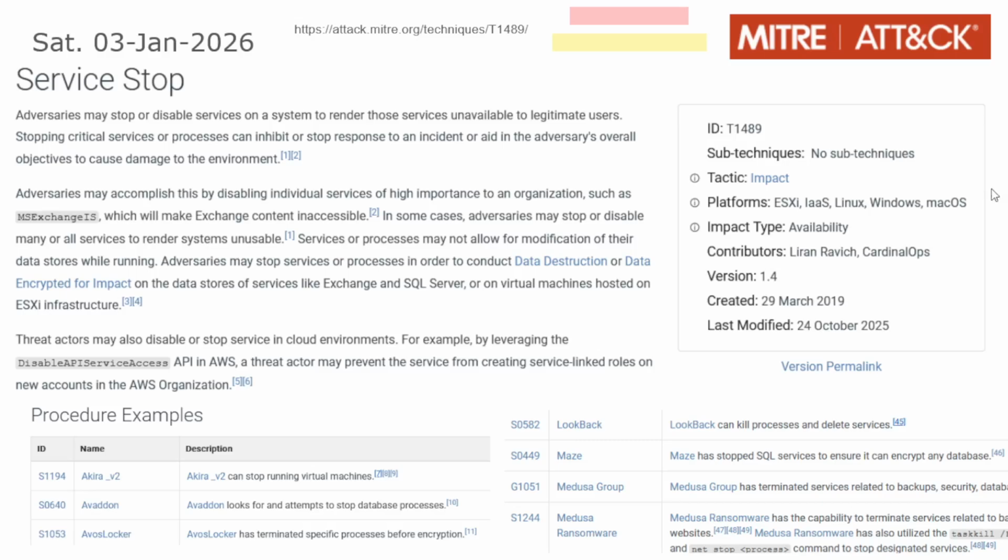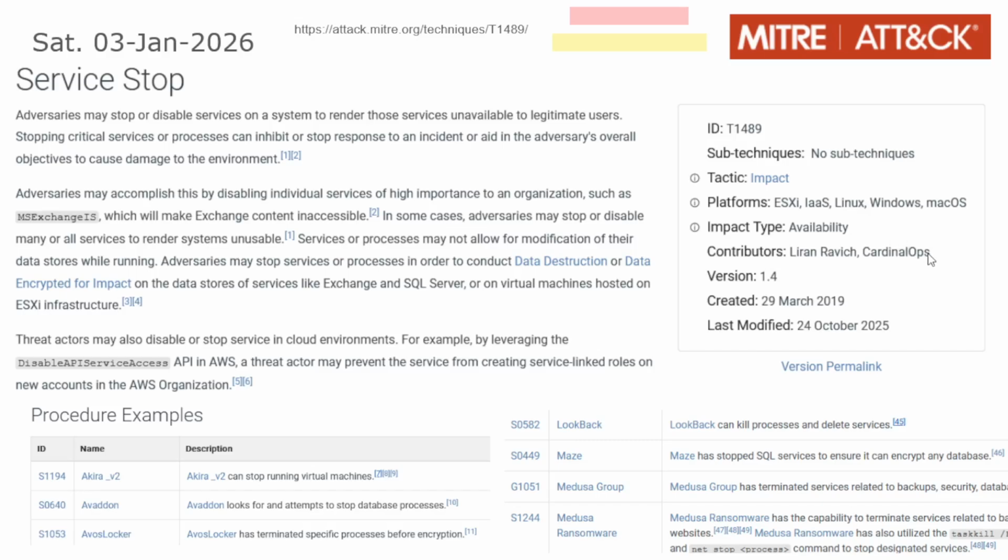So the affected systems are as usual ESXi, infrastructure as a service, so cloud containers and so on. And then you have the typical operating systems, Linux, Windows and Mac OS.